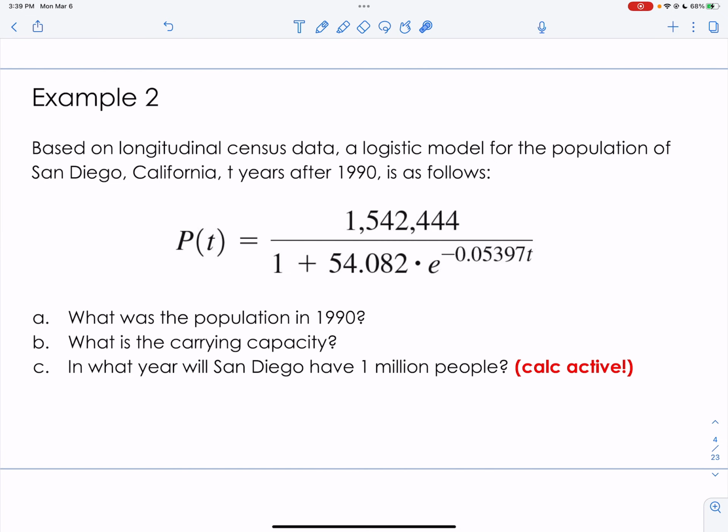Okay, in example 2, we have a problem where we have census data for San Diego, and we have P of T is equal to that lovely thing right there. Part A says, what's the population in 1990? Well, 1990 is year 0, so I'm going to plug in 0 for T and see what that is. Well, e to that lovely thing right here is just going to be 1.